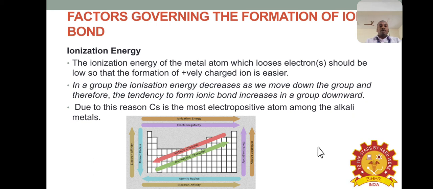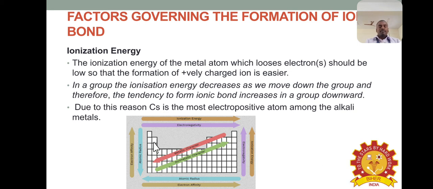Now we are going to talk about the factors governing the formation of ionic bonds. At first, ionization energy. When atoms have low ionization energy, they can easily release an electron and form a cation easily. When a neutral atom easily forms a cation, it can make an ionic bond.